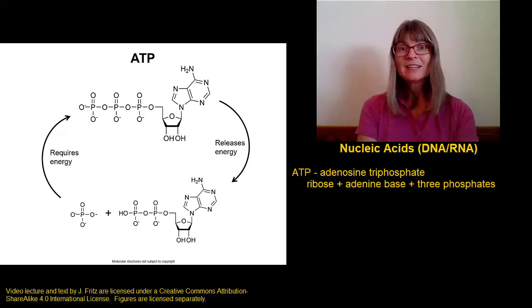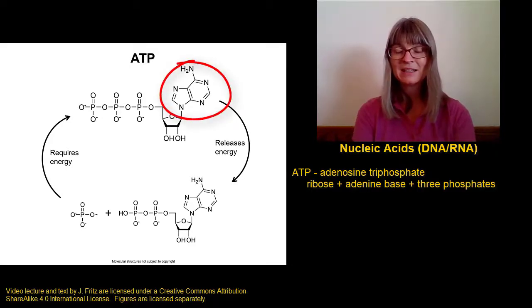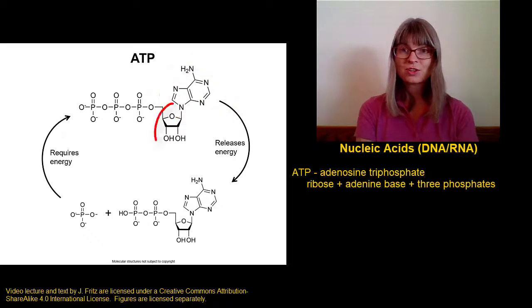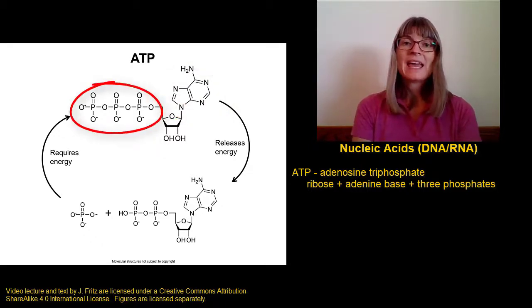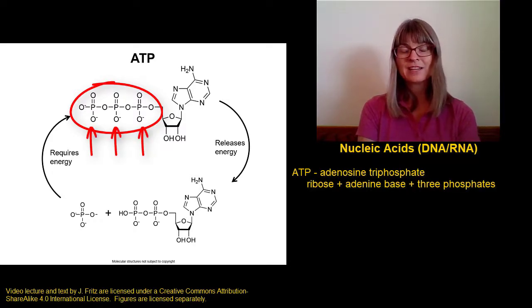We can tell that ATP is a nucleotide because it does have a nitrogen-containing base, it's actually the adenine base, and it has a sugar, here's its ribose sugar, and it has phosphate. But in ATP, adenosine triphosphate, we actually have 3 phosphates linked together. 1, 2, 3 phosphates connected to our nucleotide.